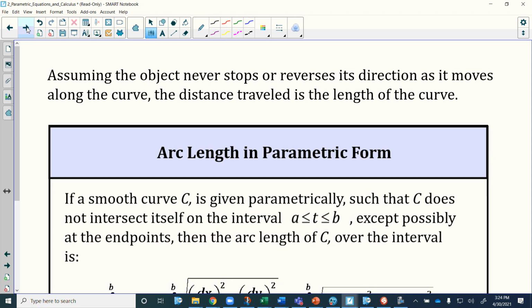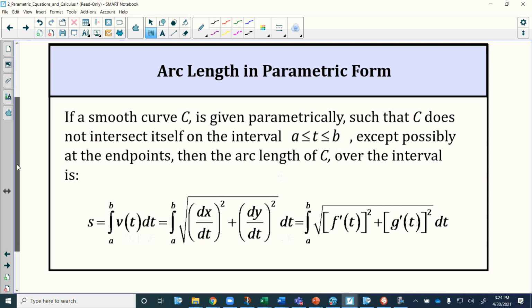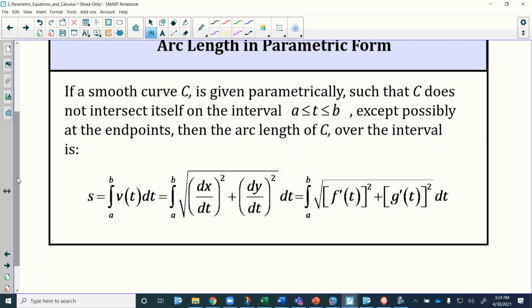So when we look at those two things together, the length of the arc in parametric form is the integration of the velocity function v with respect to time, on whatever your interval is from a to b.